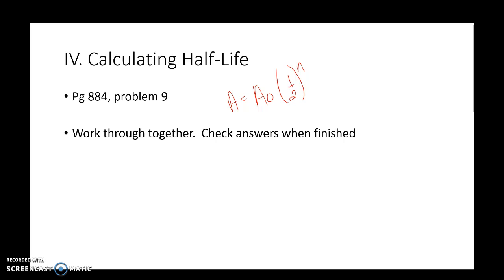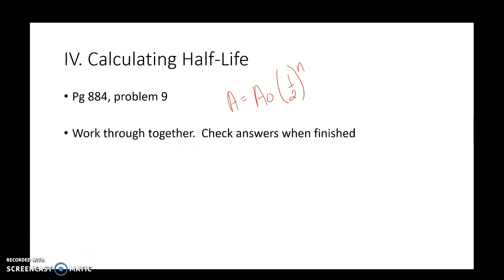What is the mass of manganese 56 in a 1 milligram sample of the isotope at the end of 10.4 hours? Okay, so I want you to work together. Check your answers when you're finished. I will pause the video, put the answer up and work through it, and then you can check your answers after that.